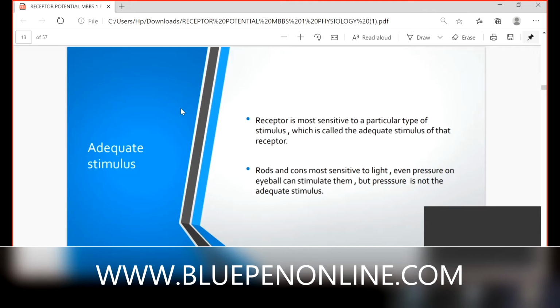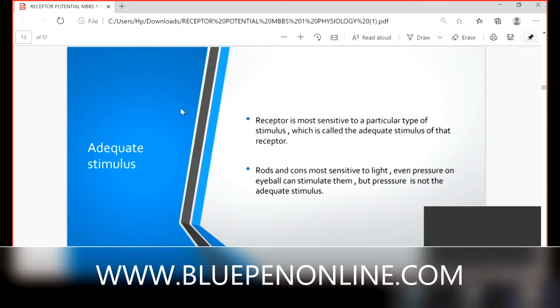But in certain cases, certain other stimuli can also cause a change in these nerve endings. The best example is that the rods and cones are more sensitive to light, but even a pressure on the eyeball can stimulate them. But pressure is not the adequate stimulus.